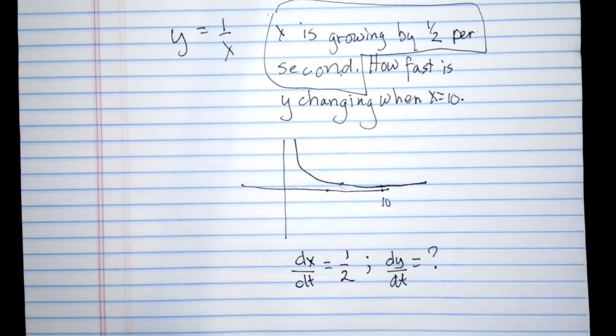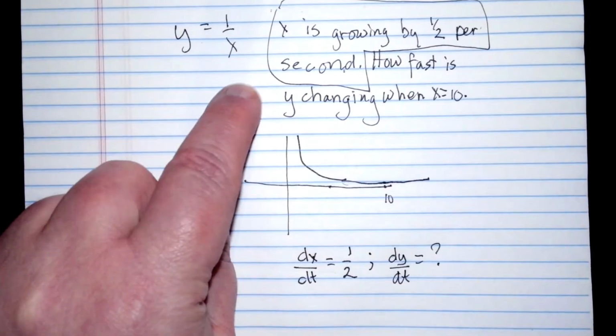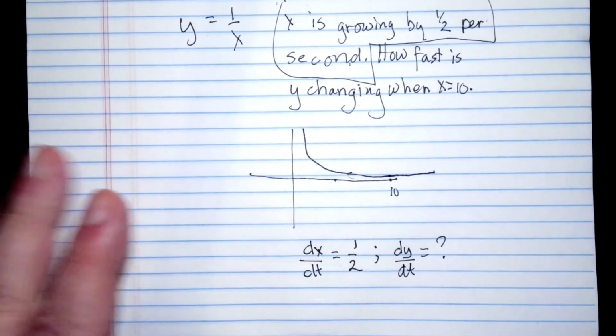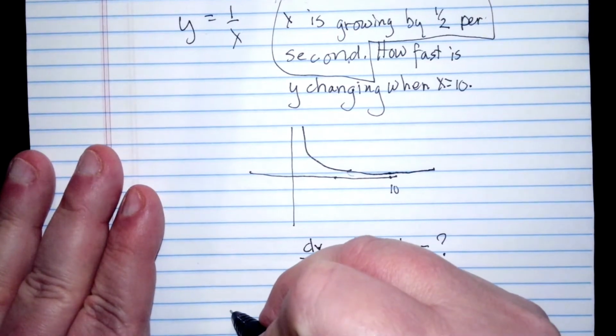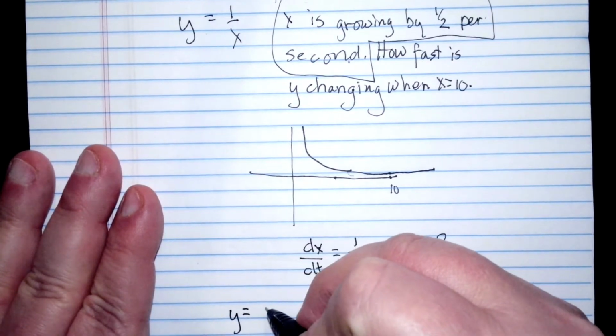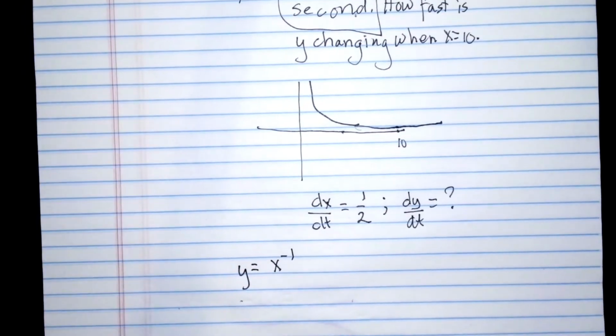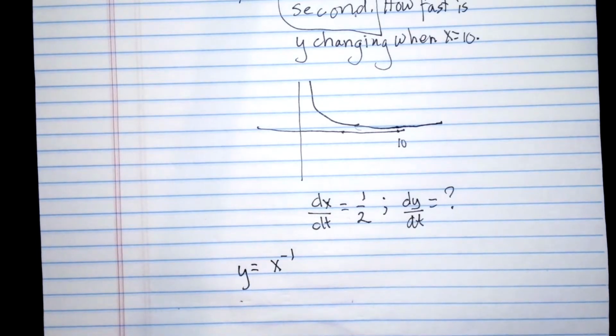Okay, so here's what we do. We take our equation here and we differentiate each side with respect to t. Alright, well, I'm going to rewrite it first. So y equals x to the minus 1. We differentiate each side with respect to t. Well, think back to implicit differentiation where you differentiated with respect to x. Sometimes you differentiated functions of x with respect to x. Sometimes you differentiated functions of y with respect to x.